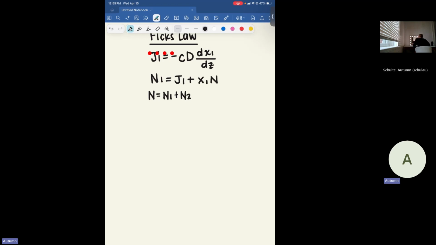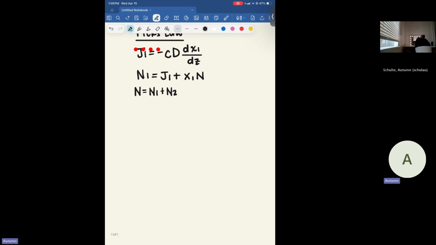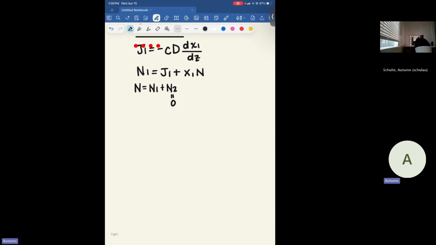Now we said that this nitrogen has no place to go. It's not going to displace the water, but it will move into the water's position once the water is gone, but it's not going to displace the water. So we can say that the molar flux of the nitrogen is 0.